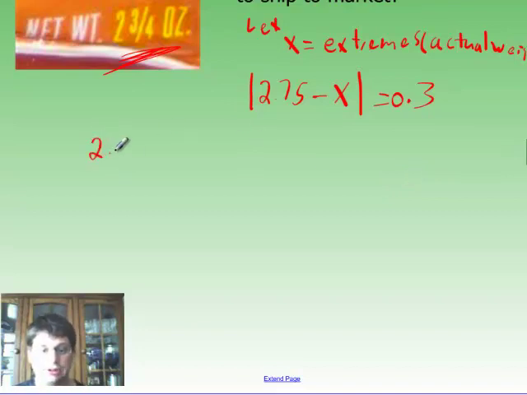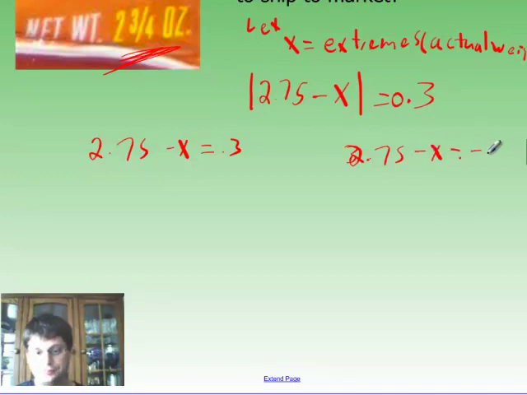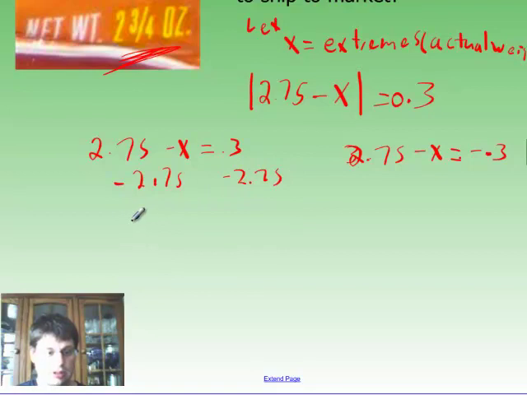All right, so we'll just go ahead and solve this. We'll get 2.75 minus x equals 0.3, and 2.75 minus x equals negative 0.3. So let's see, I'm going to subtract 2.75 from either side, leaving me, since it's minus x, I'm going to leave the negative with the x.